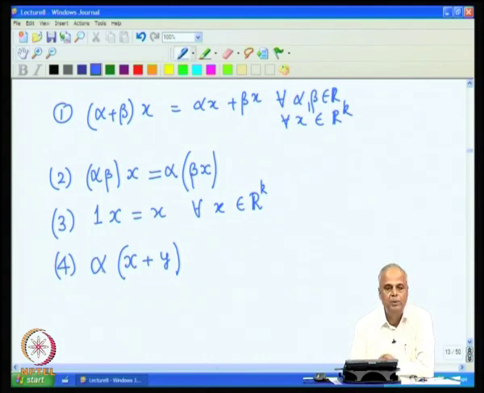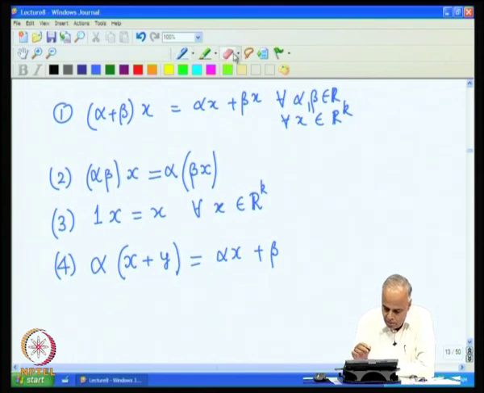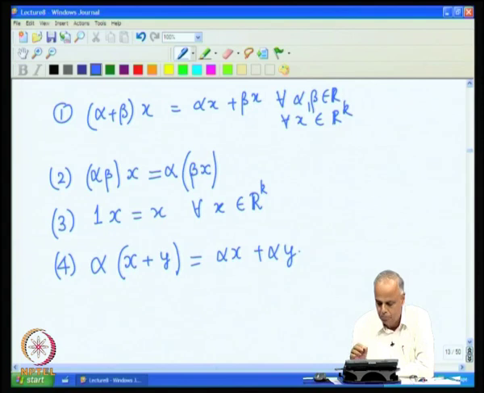So, suppose I do this, and what do I get? I get what I would normally expect. Sorry, this should be alpha y. This is true for whatever alpha real number and x and y in Rk.